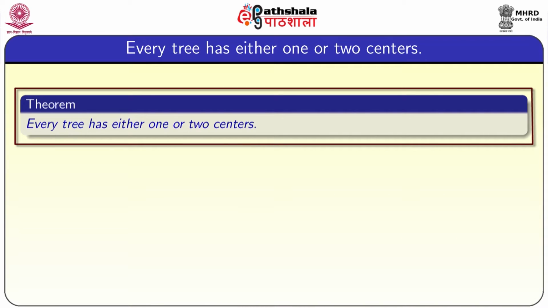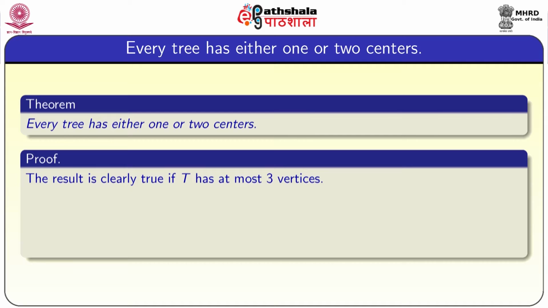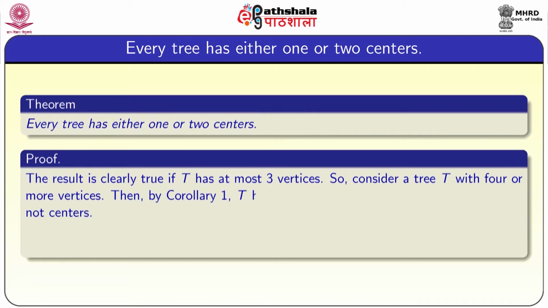Now, we will show that every tree has either one or two centers. So, the statement of the theorem is: every tree has either one or two centers. The result is clearly true if T has at most 3 vertices. So, consider a tree with 4 or more vertices.